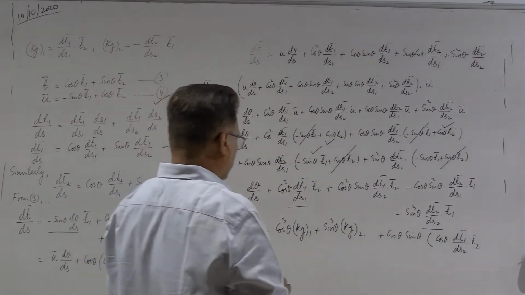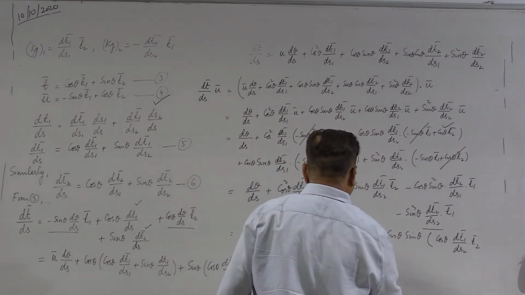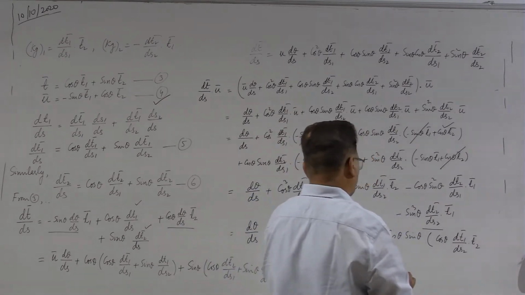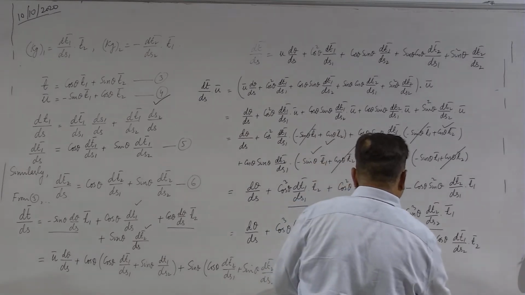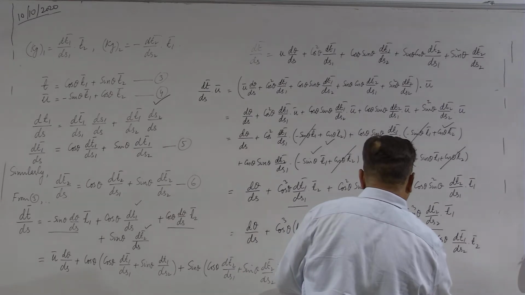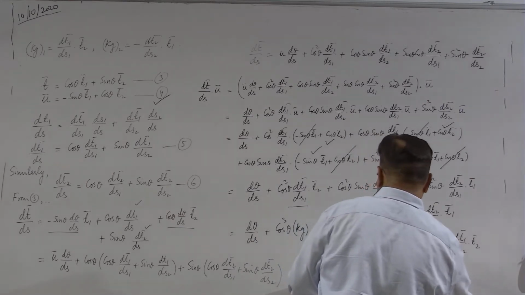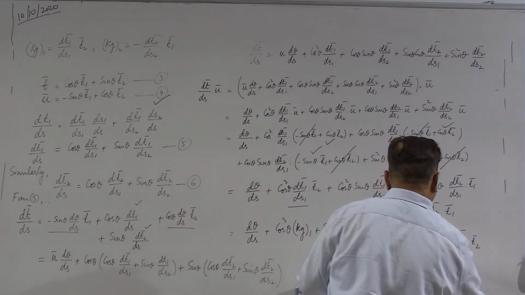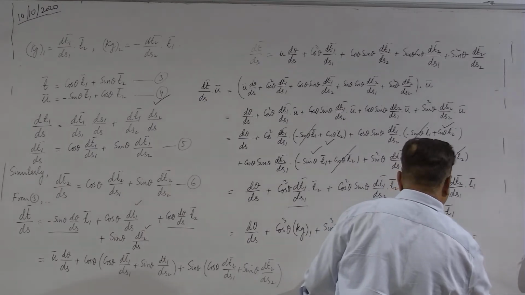Okay, I can do something with this also. Look here: T2 dot T1 is 0. So you differentiate with respect to s1. This will give me dT2 upon ds1 dot T1 plus T2 dot dT1 upon ds1, and this is 0.